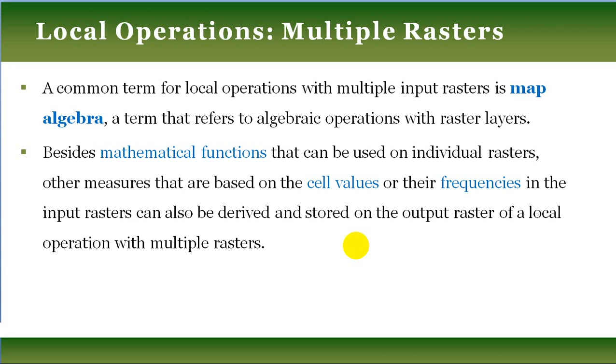That means when multiple rasters are superimposed one upon another, or overlaid one upon another, local operation with multiple rasters is also called raster compositing, raster overlaying, or raster superimposing. Those are three other terminologies also used.